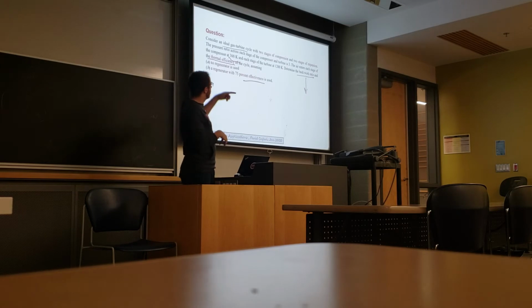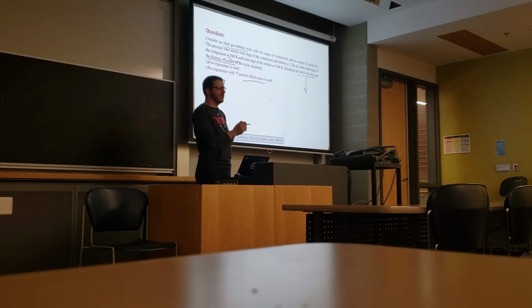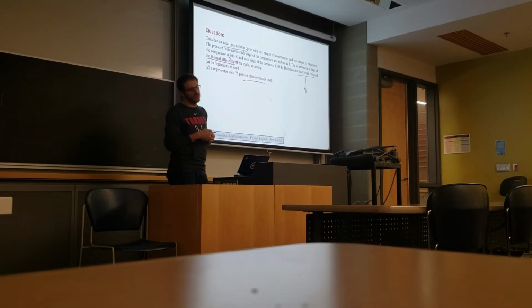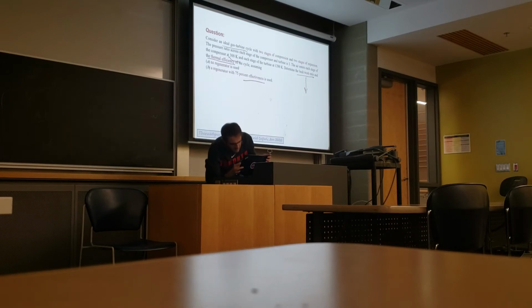So the back work ratio means the amount of work that we consume in the cycle to the amount of work that we produce. Basically, back work is the work of compressor over the work of turbine.